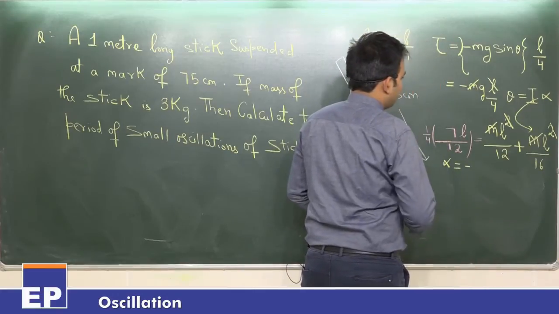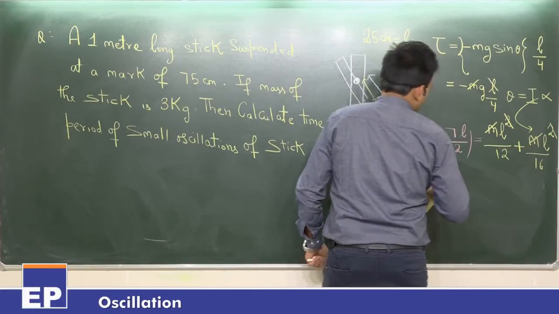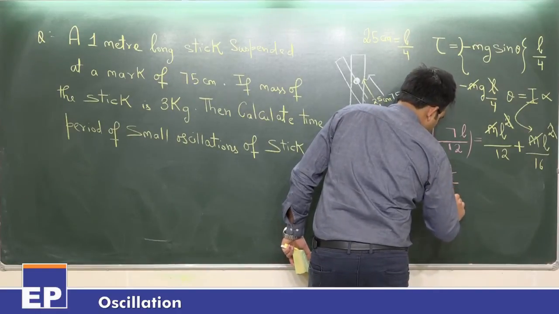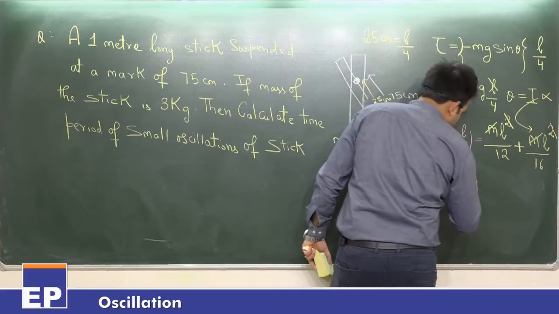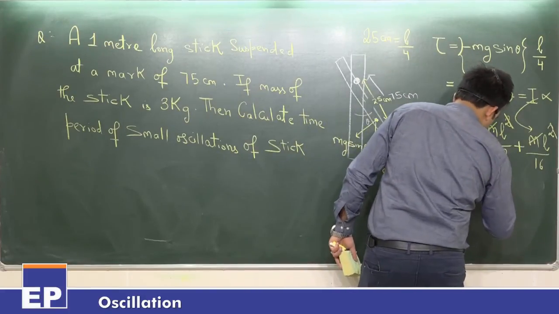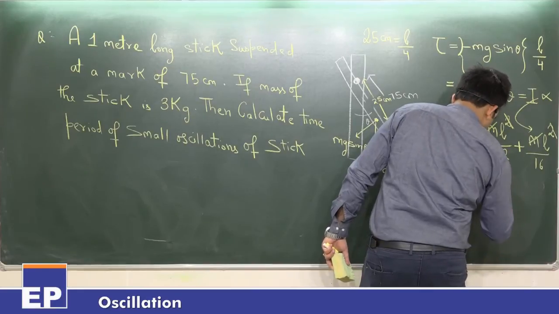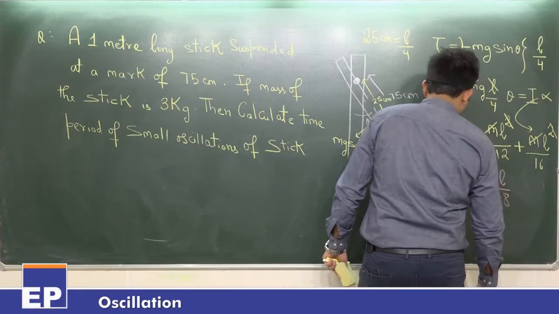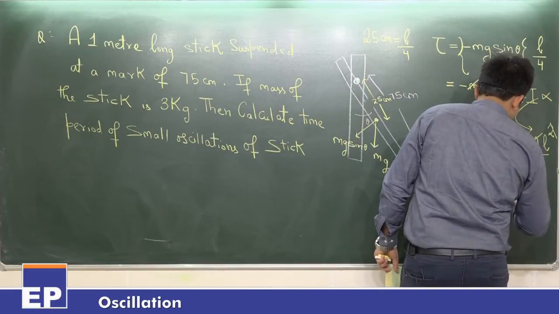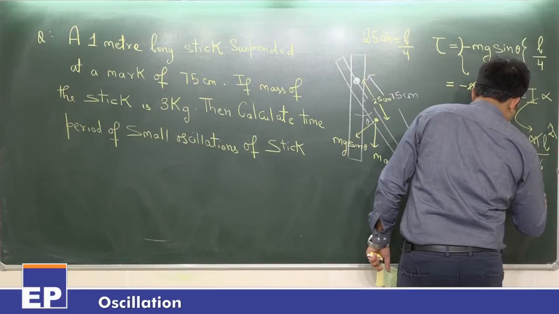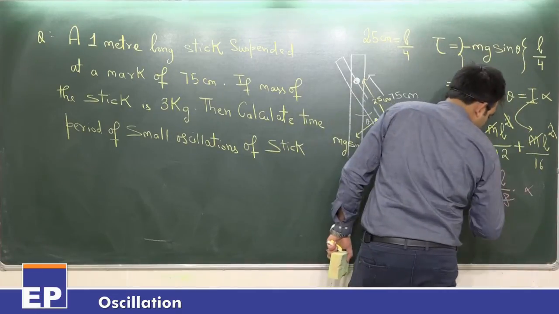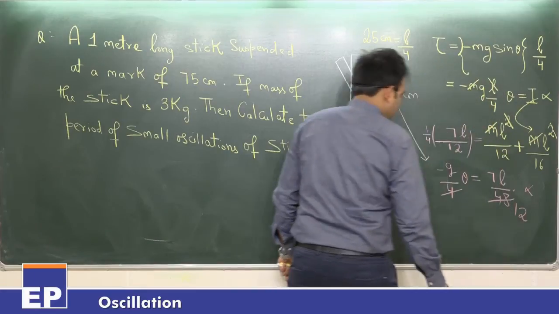So alpha is what? You can say the quantity remaining is minus g by 4 into theta. It is equal to 7L by 48 into alpha. This is 12. So what is alpha?